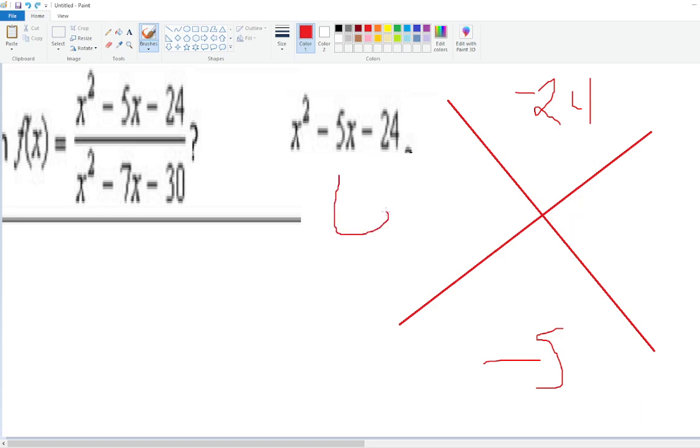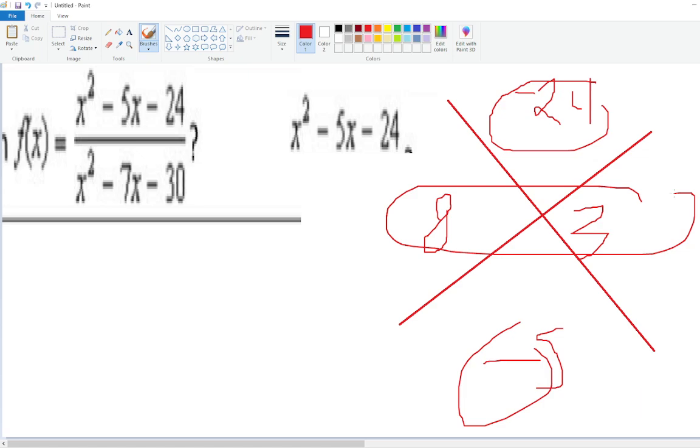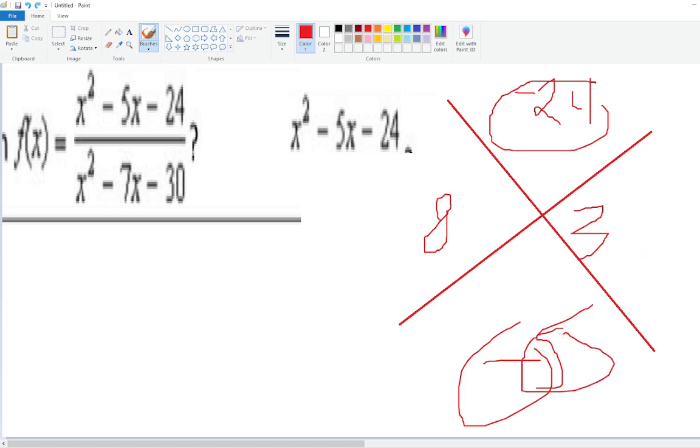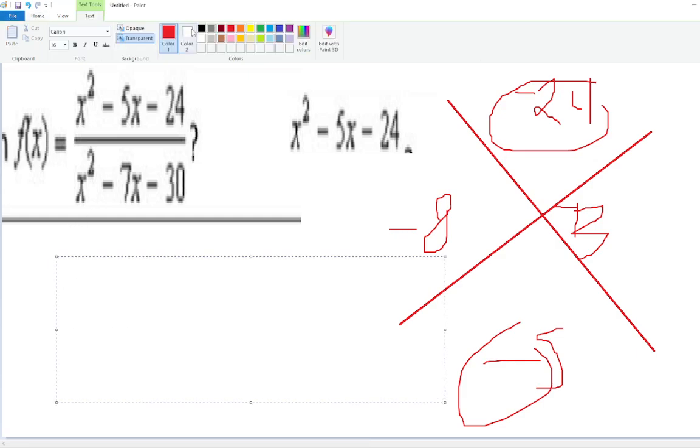Even 6 and 4 doesn't work. And then we discover 8 and 3. Sorry, that is 5 apart. We can also see this is negative and this is negative, so that means one of these is going to be negative. And since this is a negative number, the biggest number is going to be negative. So it's going to be minus 8 plus 3, which means the factors up top are x minus 8 and x plus 3.